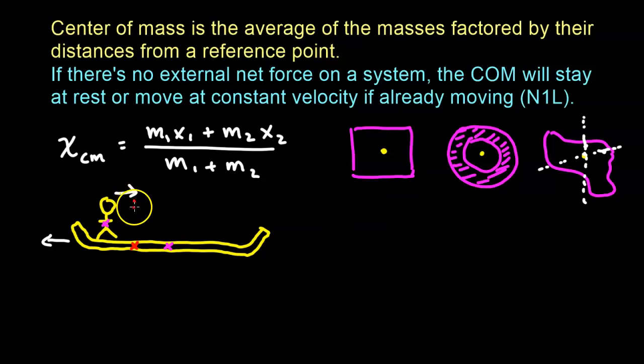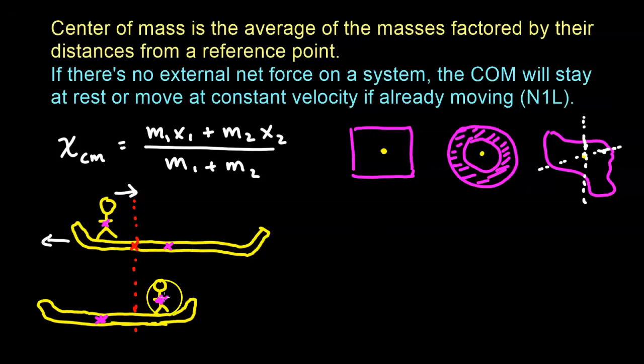However, one thing we know for sure is that the center of mass will stay along this dotted line here as long as there's no external net force, no impulse acting on our system. Which means that however much this person moves towards the right, the boat will move to the left in such a way that the center of mass of the boat-person system will still lie along this dotted line.